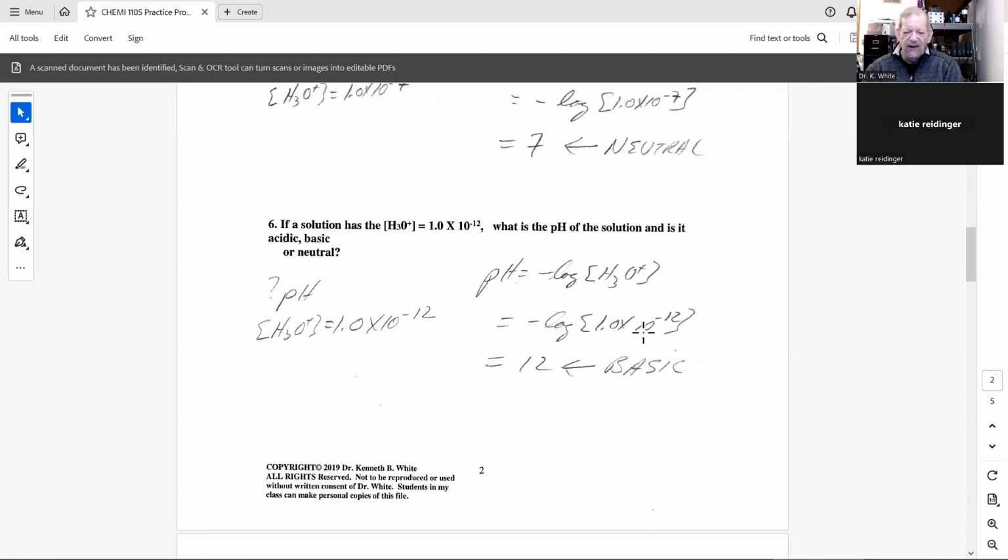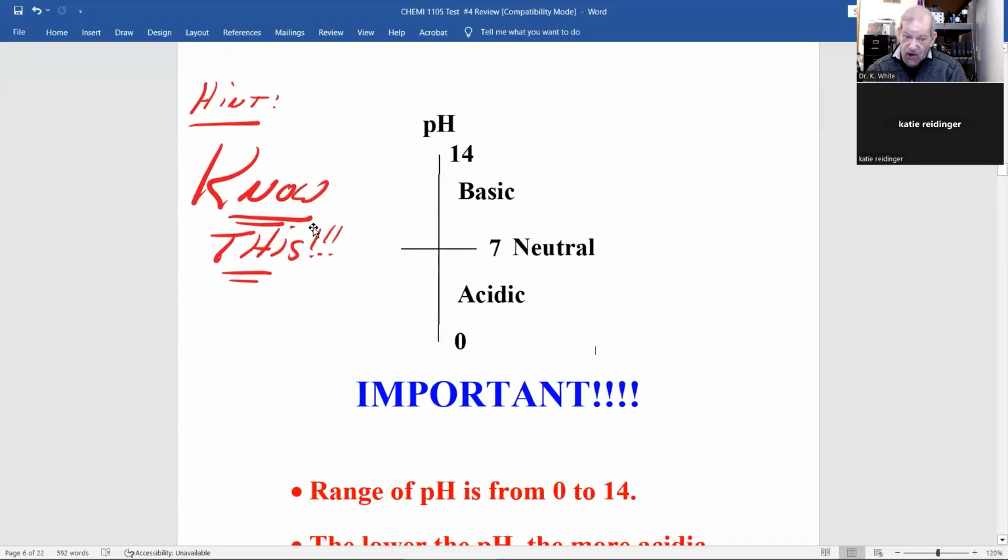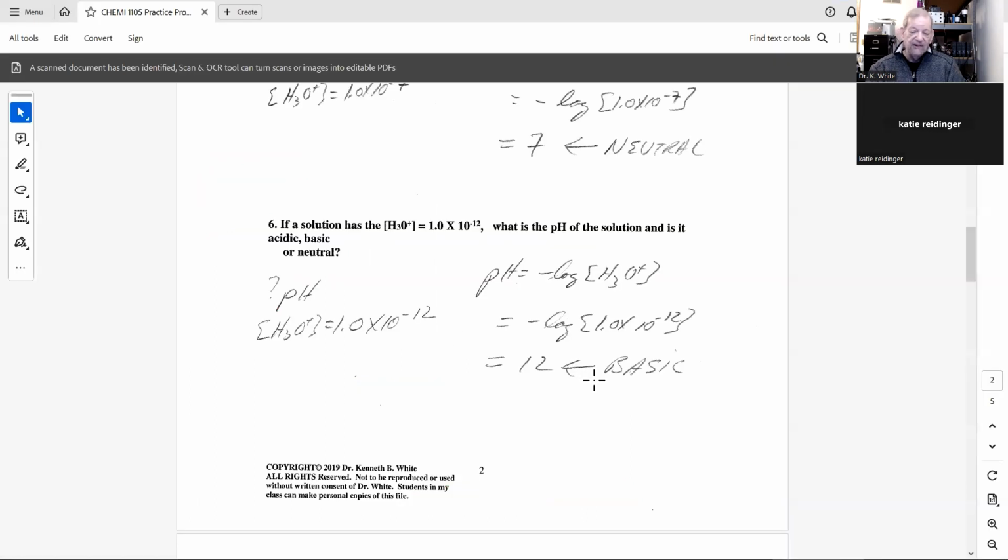When this is 1.0 times 10 to the minus X, the pH is X. In this case, X is 12 because it's minus X. Remember that. And is that acidic, basic, or neutral? Hopefully, like it says on the screen, you know that when the pH is greater than 7, it's basic. And therefore, it's basic. Oh, I got this right.